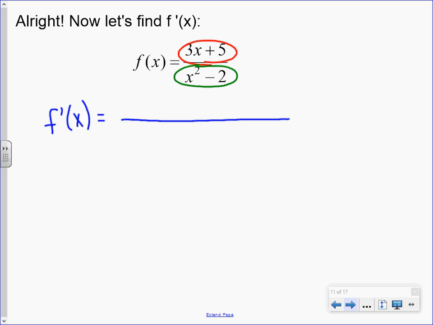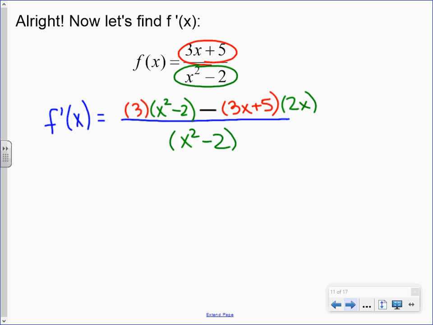We are going to take the derivative of our numerator times our denominator, subtract our numerator times the derivative of our denominator, all over the denominator squared.